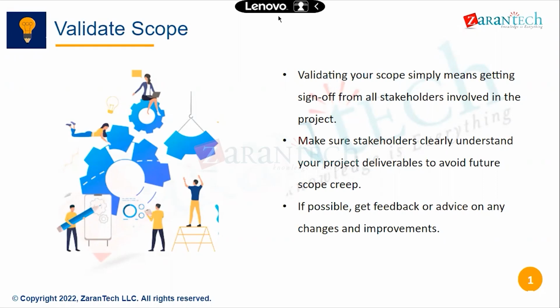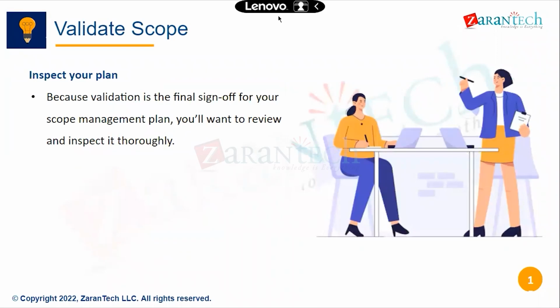And apart from that, inspect your plan, because validation is the final sign off of your scope management plan. Whatever you have written as scope management, what is in scope of work and out of scope of work, and how you handle it, is all signed off at the validation phase.